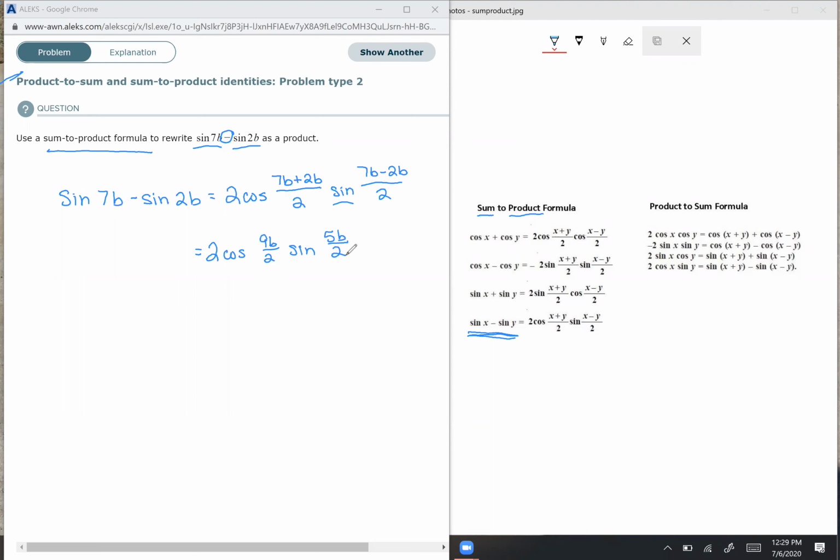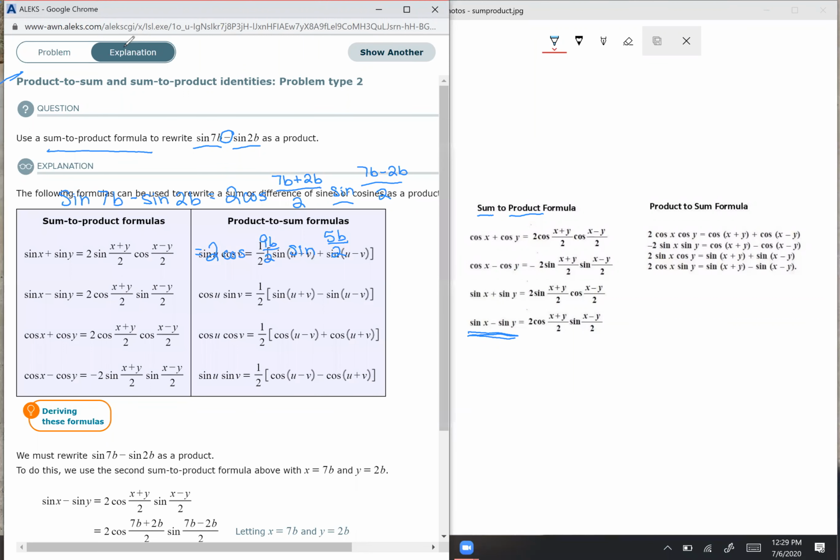Now, guys, we don't know what b is. So there's nowhere I can go with this. 9 has b, 5 has b. I can't reduce those fractions. I am going to see if they turn those into decimals. Sometimes Alex does weird things with inputs, but they probably just leave it as a fraction.